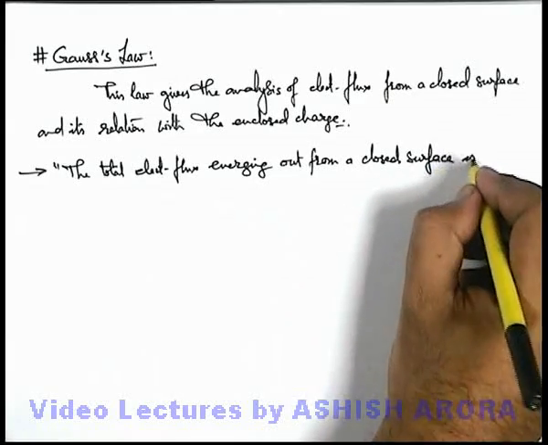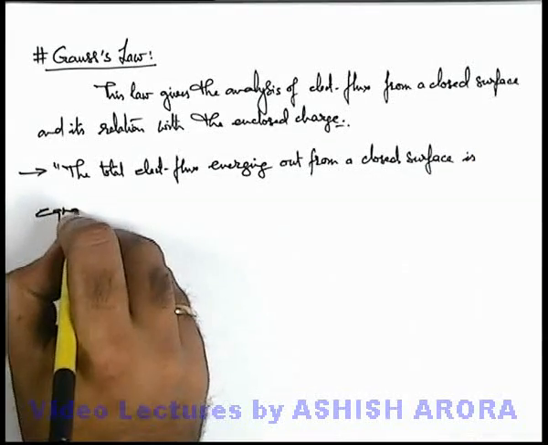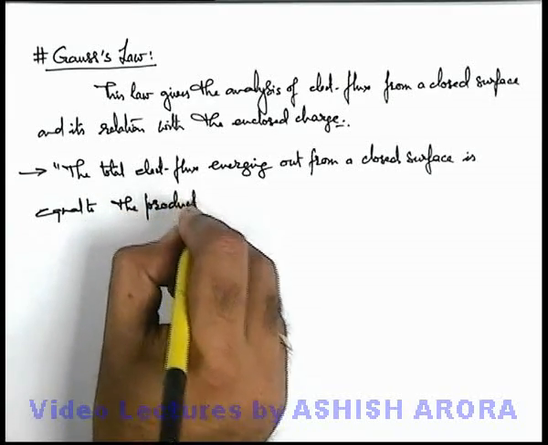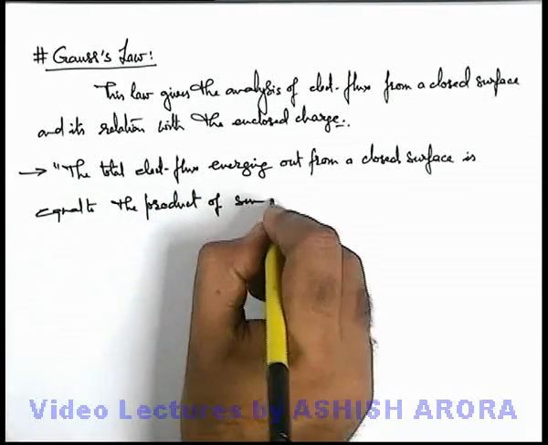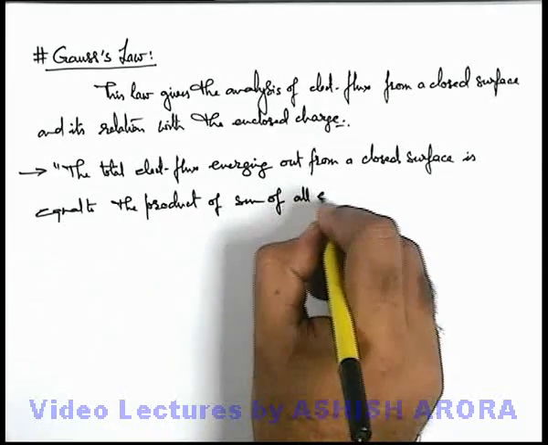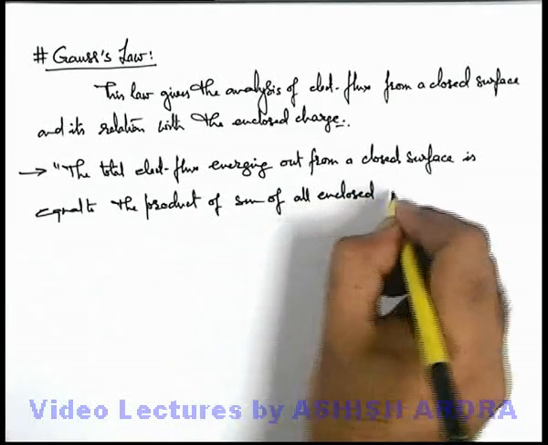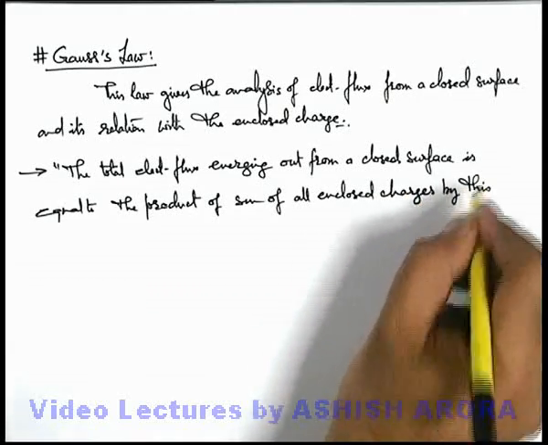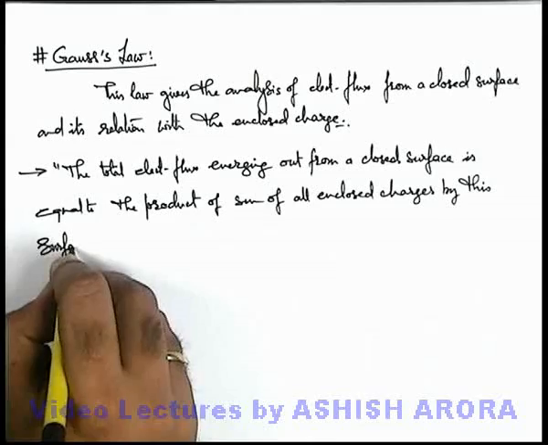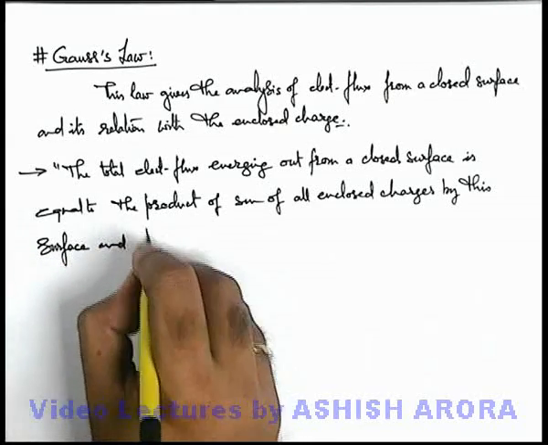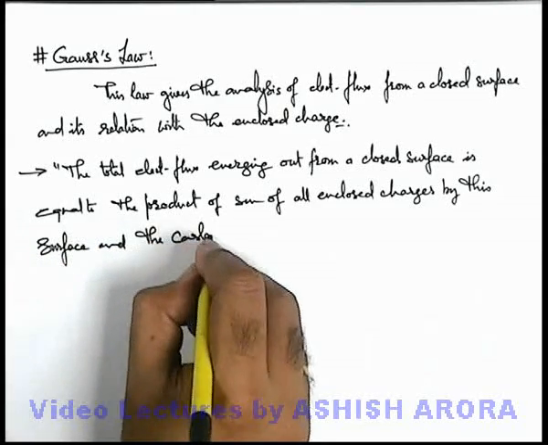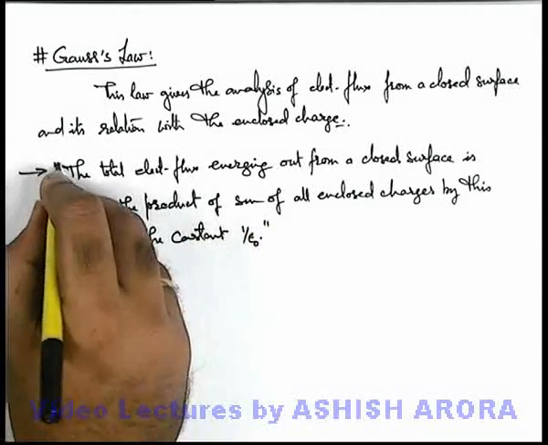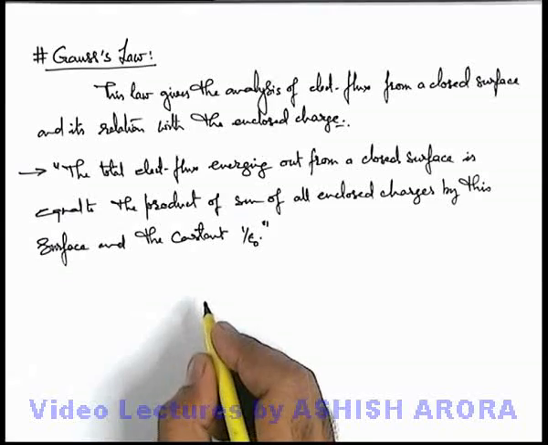And this is equal to the product of sum of all enclosed charges by the surface and the constant parameter 1 by epsilon naught. This is the statement we use for Gauss's theorem.